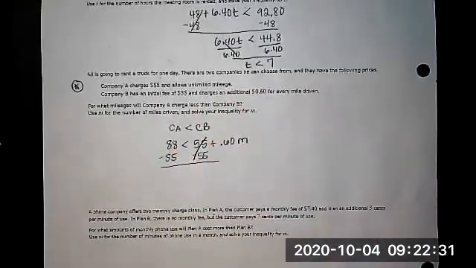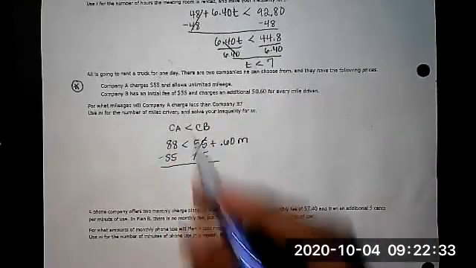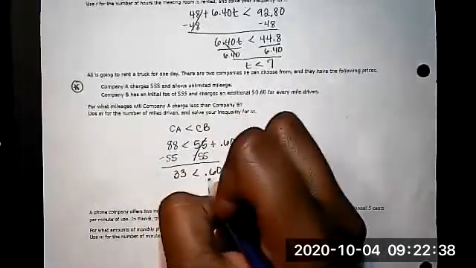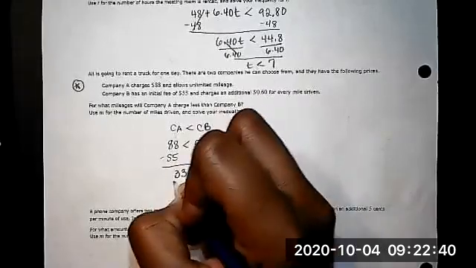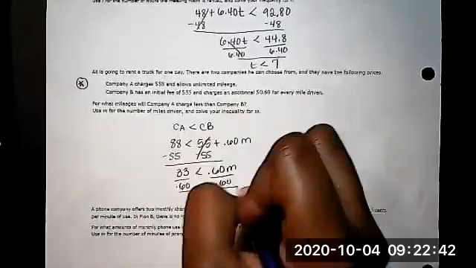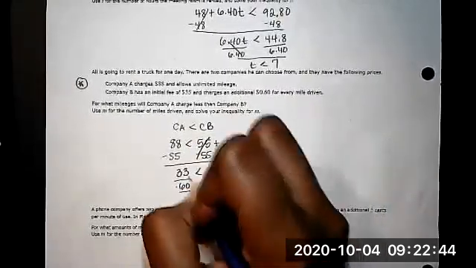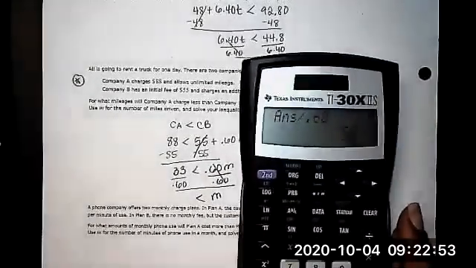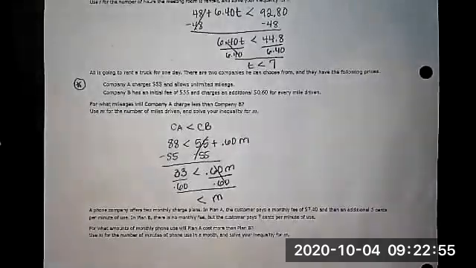Okay. 33 is less than 0.60 M. Divide by 0.60 or 0.6 on both sides. And this becomes 33 divided by 0.60 or 0.6. And it looks like we get 55.